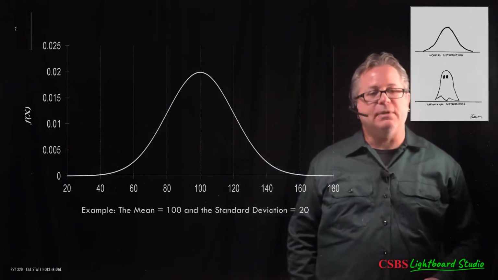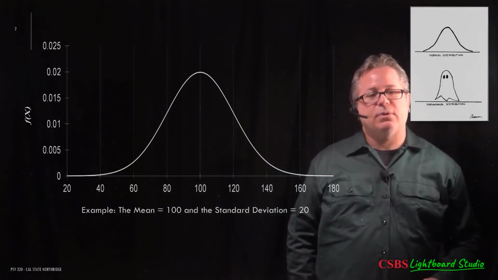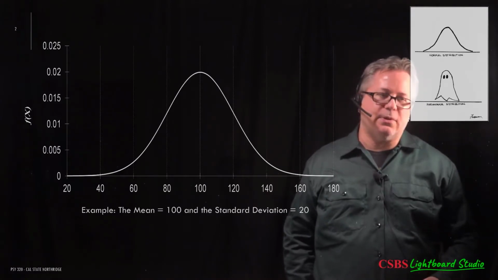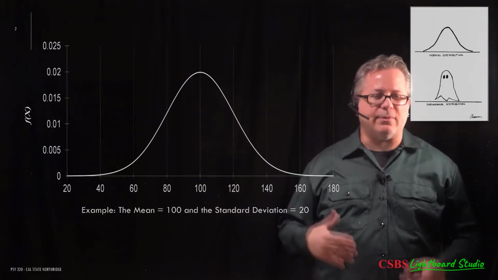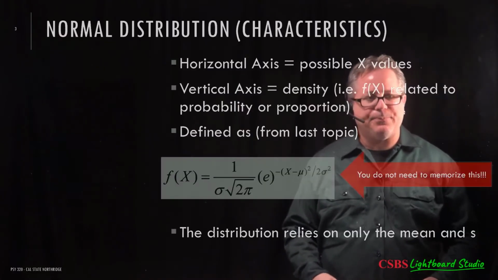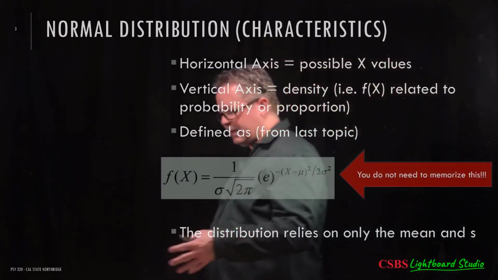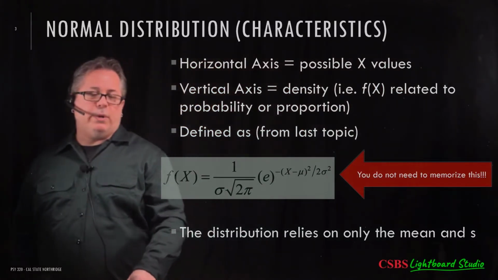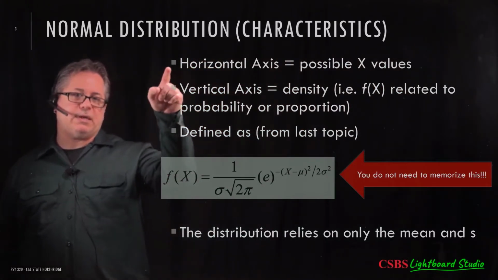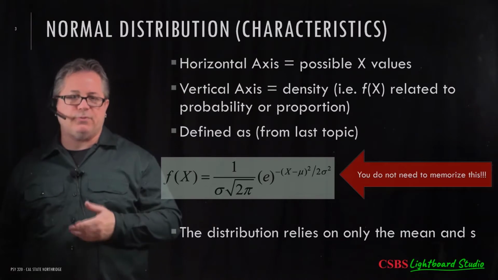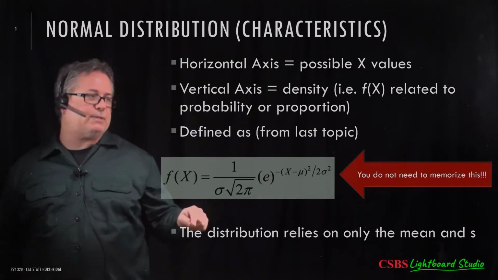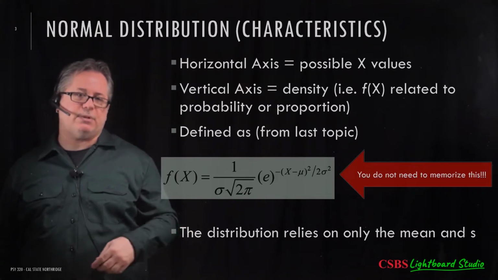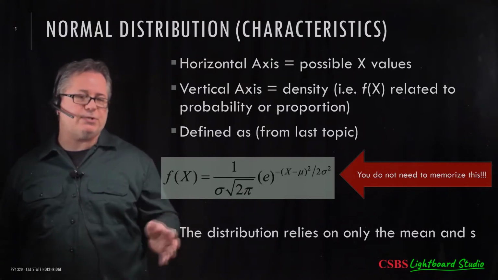But okay, so this is what we're talking about, this normal distribution, and we have areas under the curve and all this stuff, but what can we really do with that? So I had mentioned before, if we're trying to find the normal distribution for a variable x, I'm going to plot out on the horizontal axis all possible x values that are known, at least the ranges that are known.